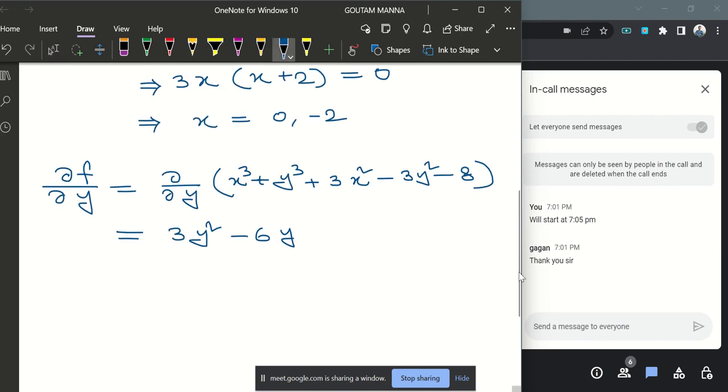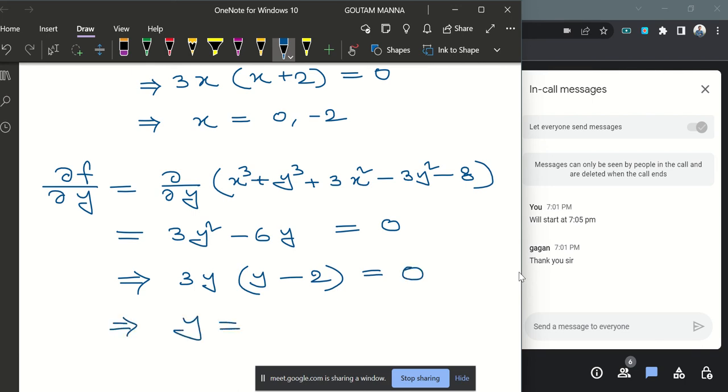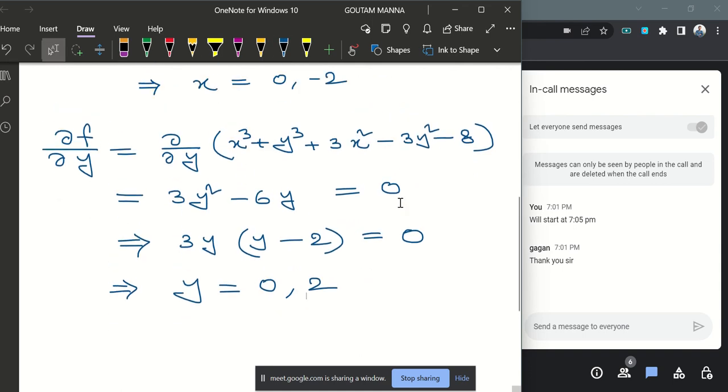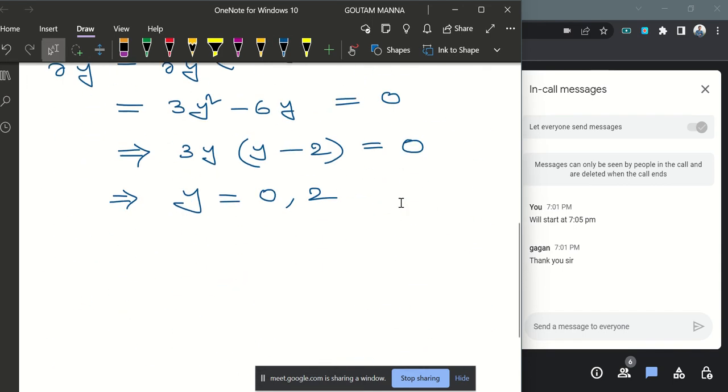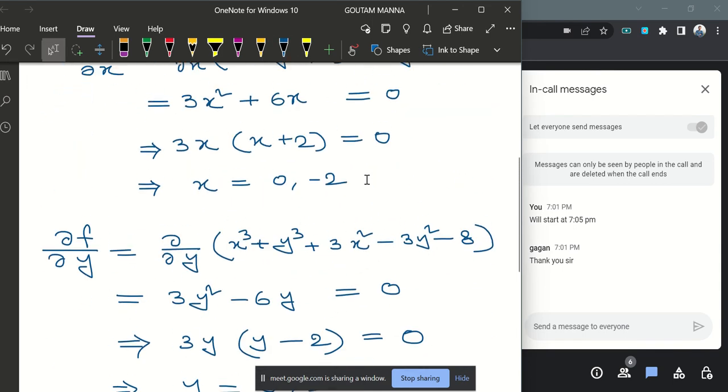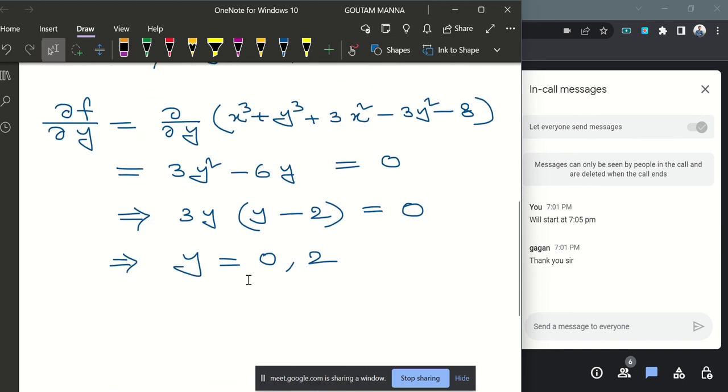For a critical point, its value will be 0, and from there you take 3y common: 3y times y minus 2 equals 0, and you will have two values of y, which are 0 and 2. So x can take two values, 0 and minus 2, and y can take two values, 0 and 2.